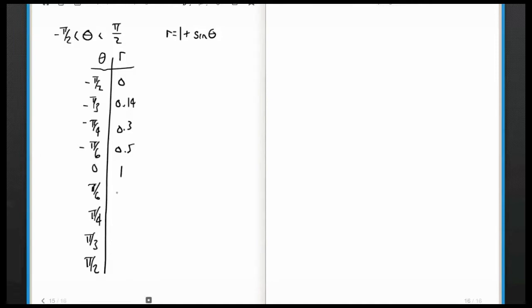And then going in this direction, pi by 6 will be 1.5. So I'm adding the sine now, and then it's 1.707, and then 1.866, and finally 2.